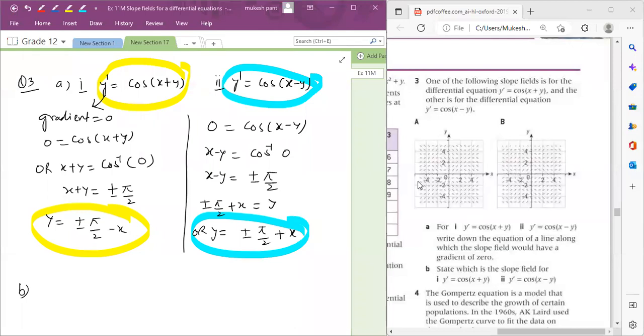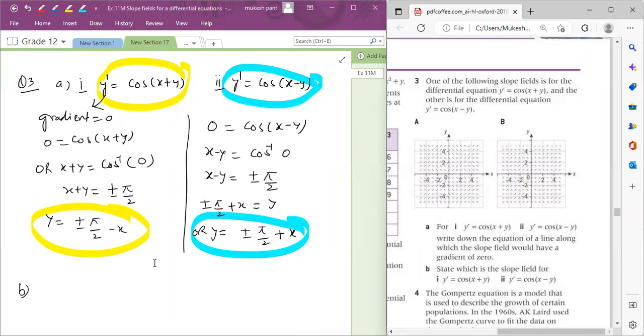So let's share this one again. Now if you look at this one, a field. For cos x plus y, we were getting y equals plus minus pi by 2 minus x.